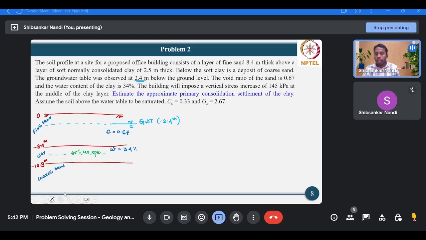And in addition to this, the Cc value for clay is given as 0.33 and the Gs value is given as 2.67. Now we need to calculate the Sc.